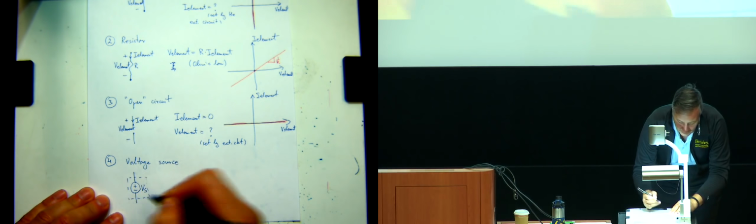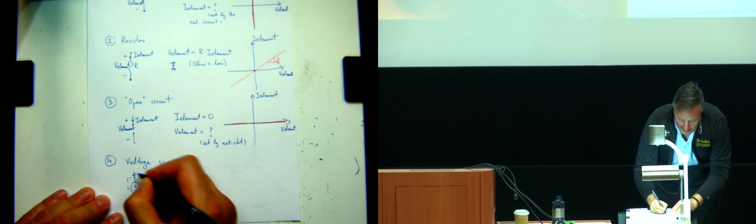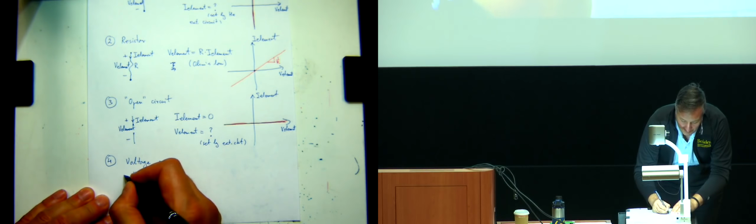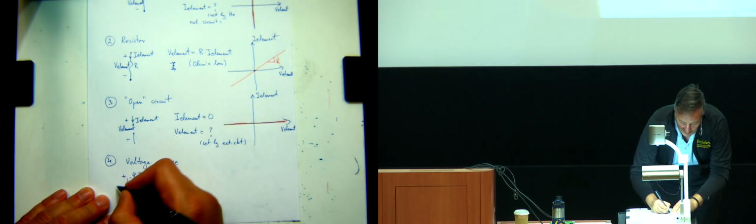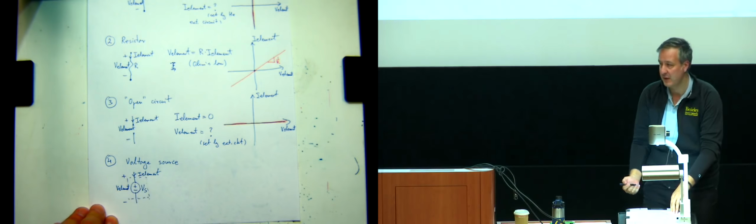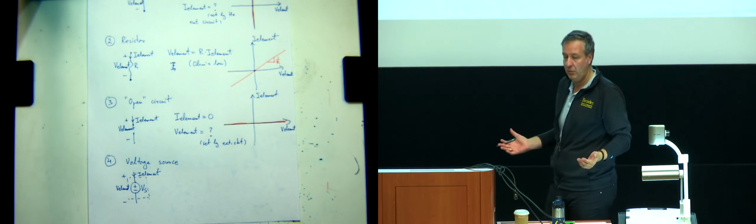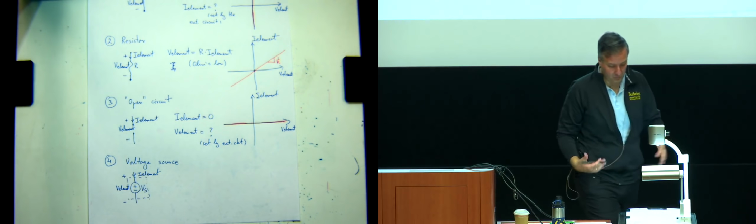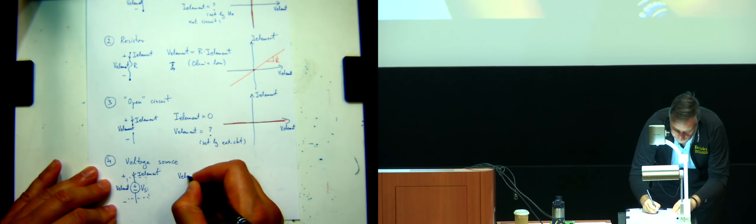And now I'm going to say, okay, in this box I have I element, and I'm measuring a voltage V element. It just so happens that these two pluses coincide, but they don't have to. As we'll see later, it can be different. But as I've defined it here, V element is going to be Vs.